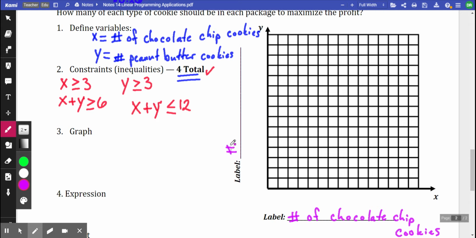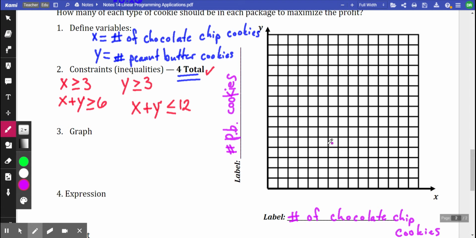Normally I can turn my paper sideways, and I'm going to do my best to write it sideways here. So number of peanut butter, I'm going to abbreviate peanut butter cookies. Okay, that wasn't so bad. So now we know what the graph is going to show us.